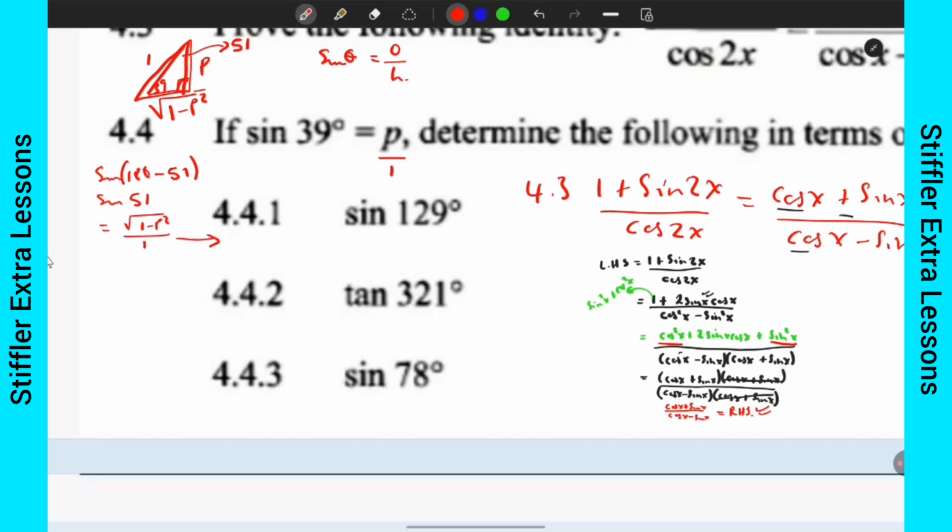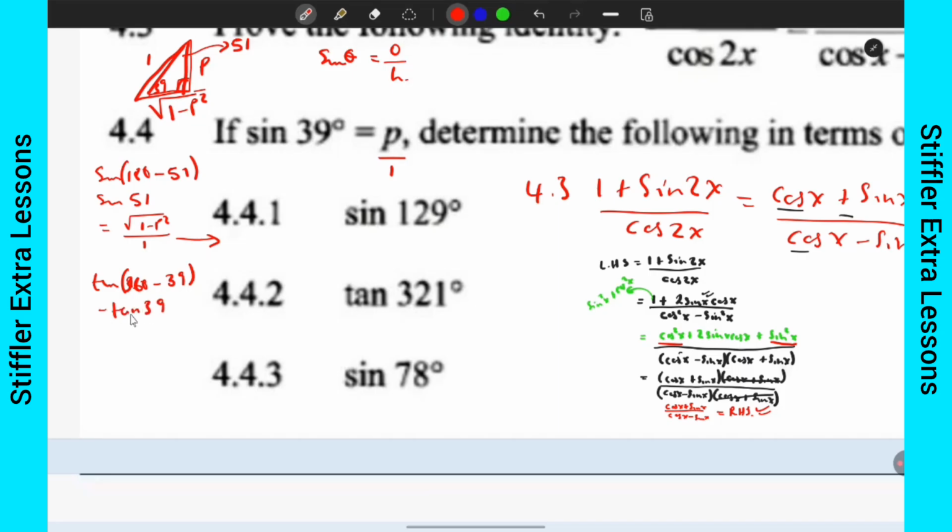And tan 321. So this is the same thing as tan of 360 minus, 360 minus what? Minus 39. Yes. So this is negative tan of 39.